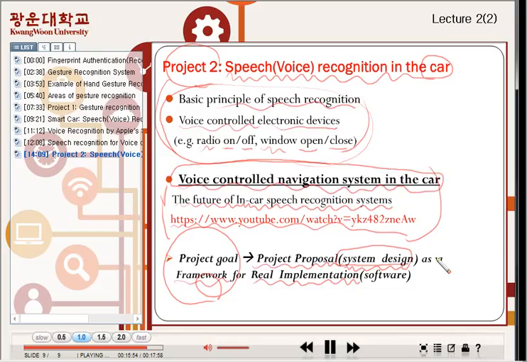Last week I already introduced applications of multimedia signal processing as topics of creative multimedia projects.